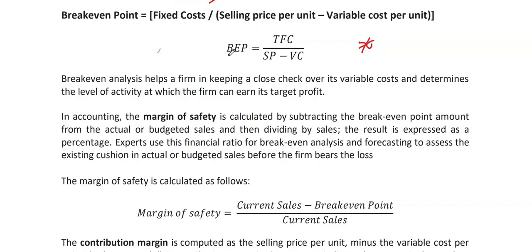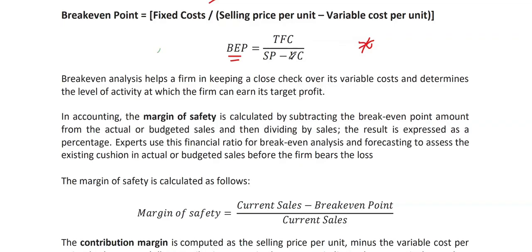So break-even point is equal to the total fixed cost, that's what TFC is here, divided by SP, the selling price per unit.